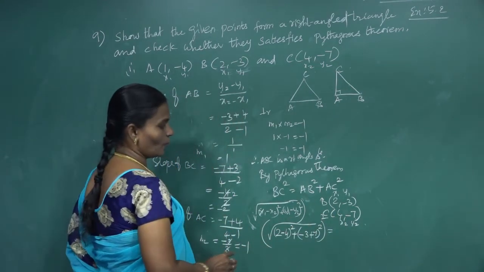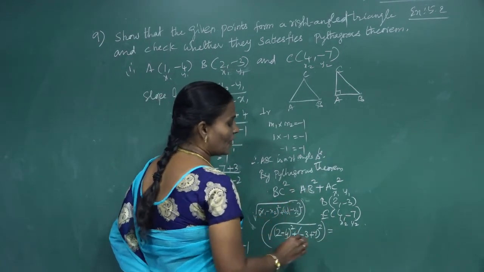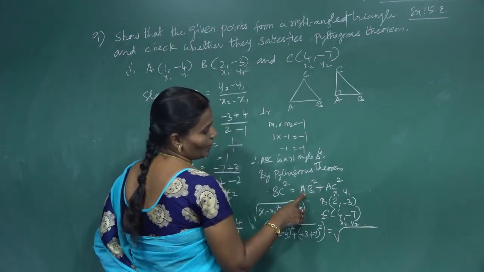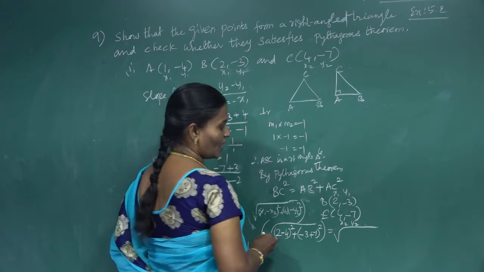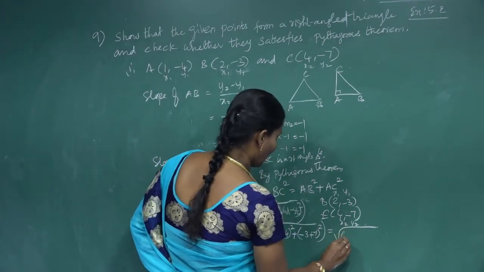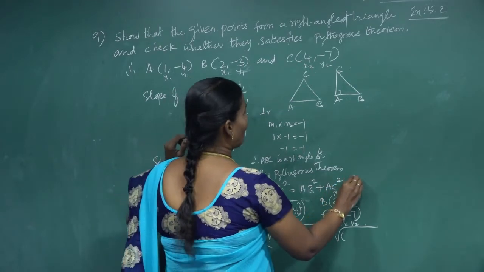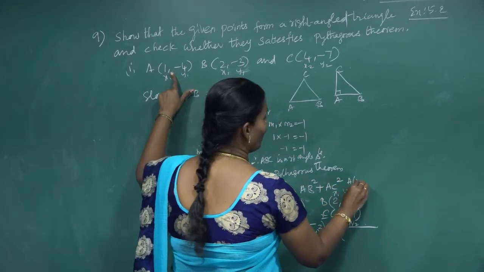That is equal to, what is AB square? The same formula we apply here, but the points are A and B. Now what is A point? A point is 1, minus 4.